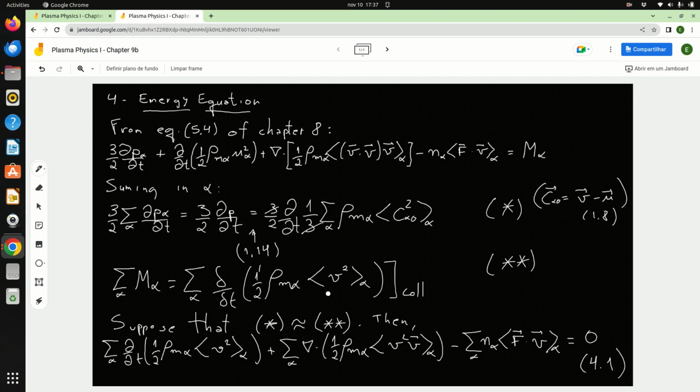Well, it's what is being adopted in this approximation. If you don't do this, you don't get it here. So you have to suppose that this is what he's actually considering. And when you sum over all alpha species, then this is similar to this.